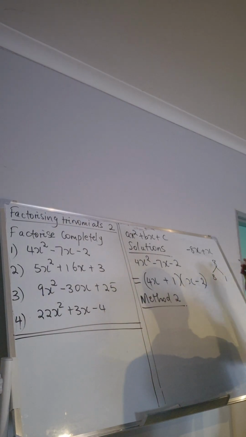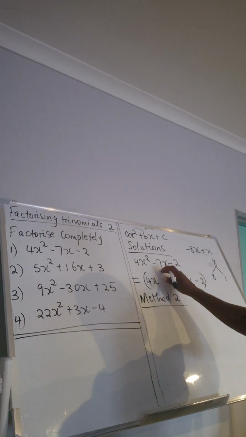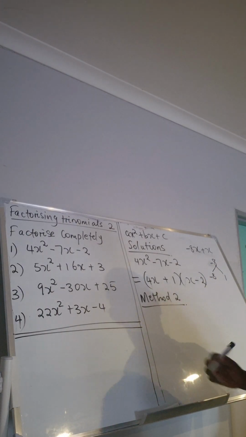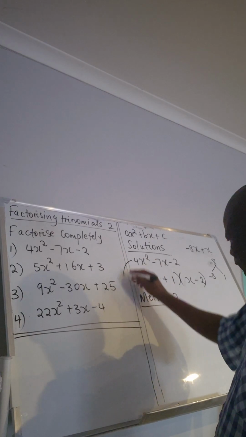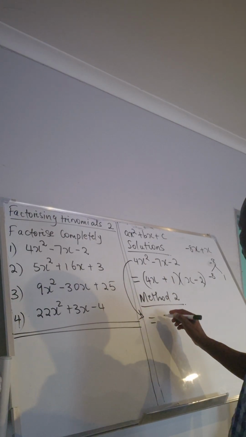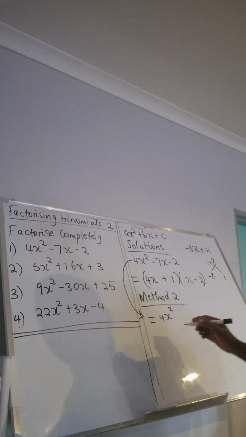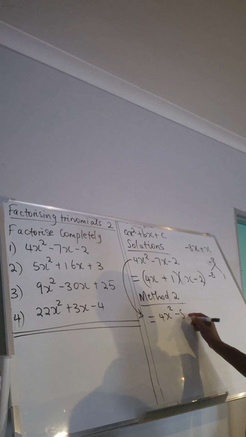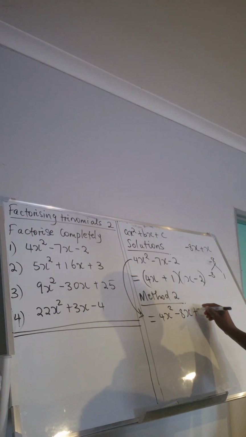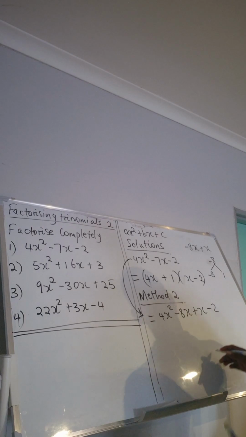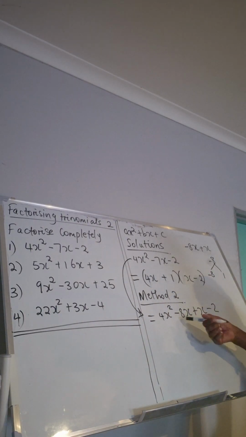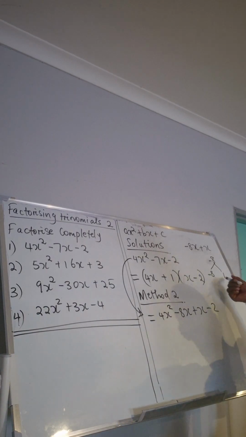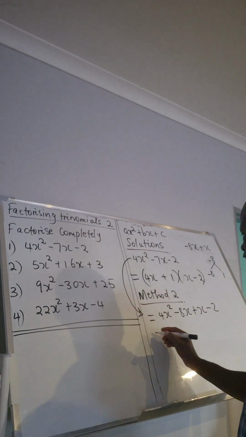Let's use 8 and 1. And we need negative 7. So that means this one is going to be minus 8. This one is going to be plus 8. So that this one is going to be equal to 4x squared. Instead of writing minus 7x, you can write minus 8x plus x, then minus 2. You see this minus 7x is now minus 8x plus x. You have used these factors of 8. So now you continue from here.